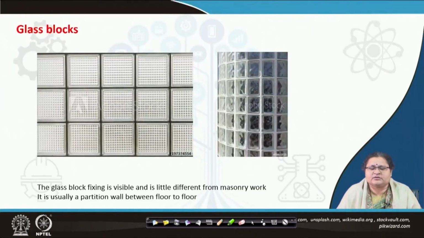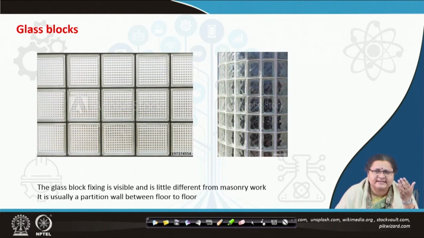So, let us start with the glass block, which we had already learned in the previous lecture, lecture 3, where we said that if you have two pieces of glass which are brought together, molded out, and fixed together, and it is joined, that gives an obscure view on the other side.